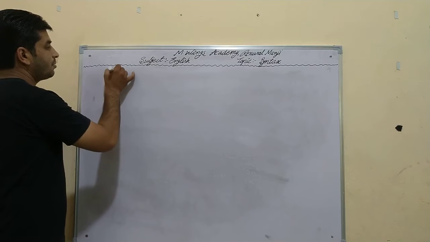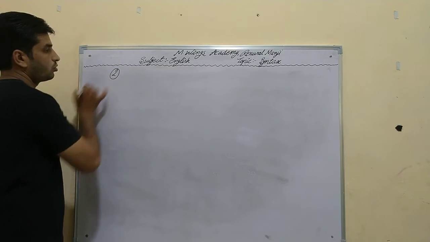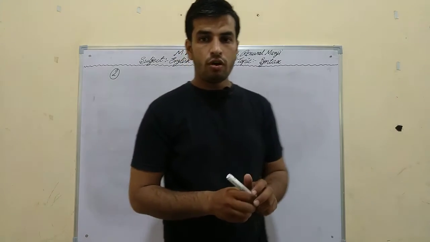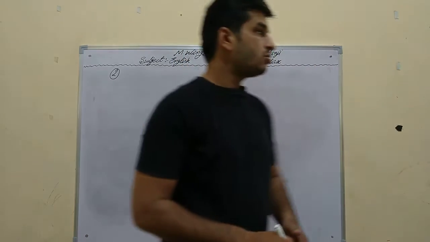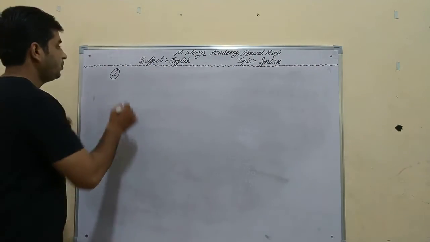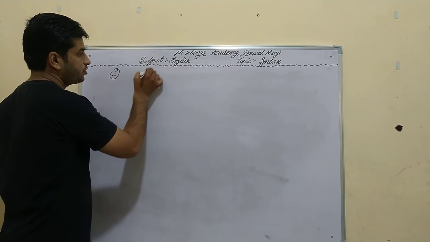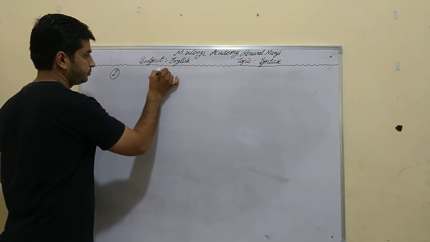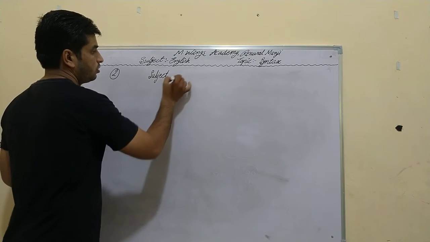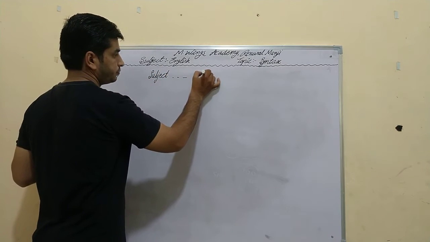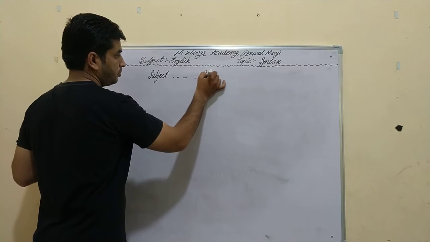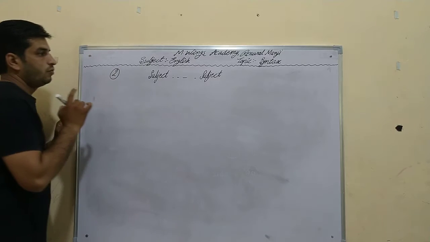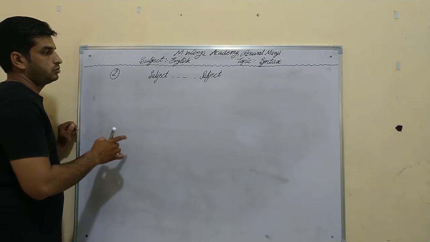Today we will discuss our second rule of subject-verb agreement, you can say the rule of syntax. In this rule we will have two subjects, but between the two subjects some words are given.